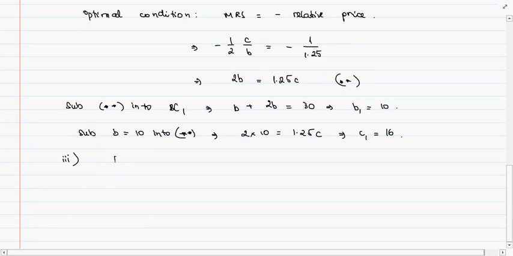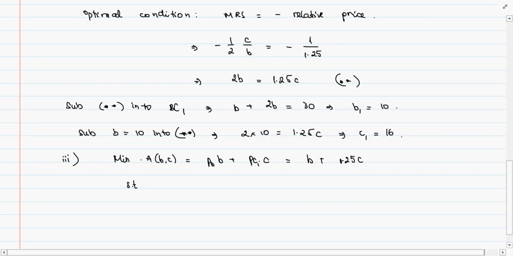Okay, so what we want is to minimize the acquisition cost, which is A, that is equal to PB times B plus PC1 times C, because the question tells you we face the new prices. Okay, so we know that PB is 1 times B, and we know that PC1 is 1.25 times C. So what we want is to minimize this subject to a constraint that we have to achieve the original utility.